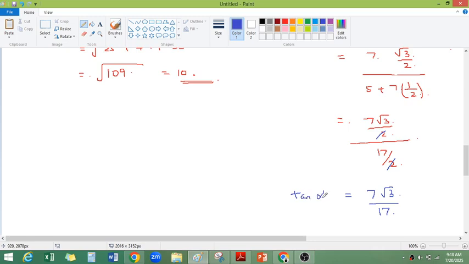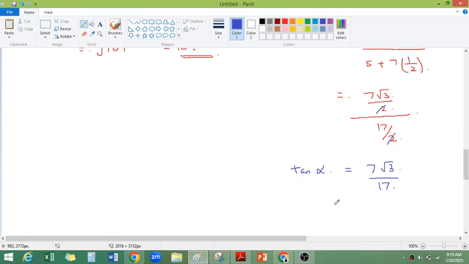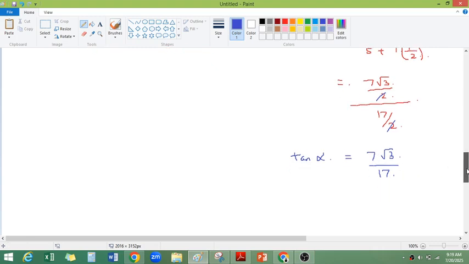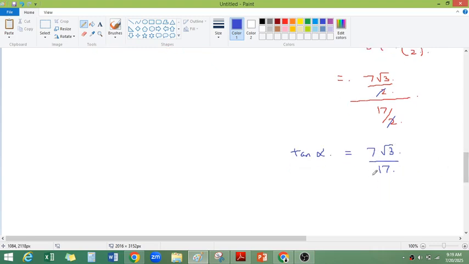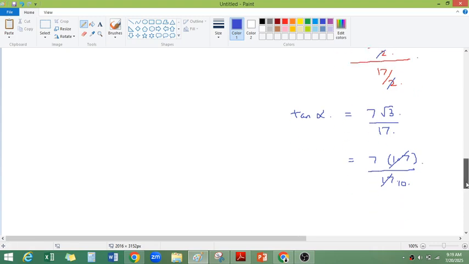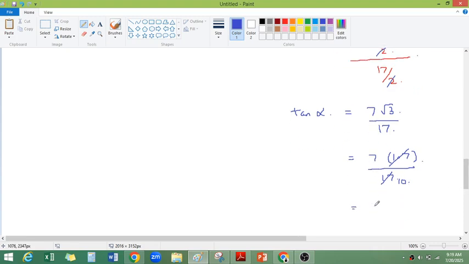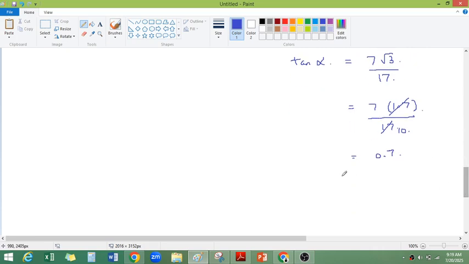If I want alpha, I should take tan inverse. Sometimes you can leave it like this, or you can do some simplification here. Root 3 is around 1.7. So 7 into this is around 1.7 times 7, and this is 17. So I can cancel this as 10 times, so 7 by 10 will become 0.7.